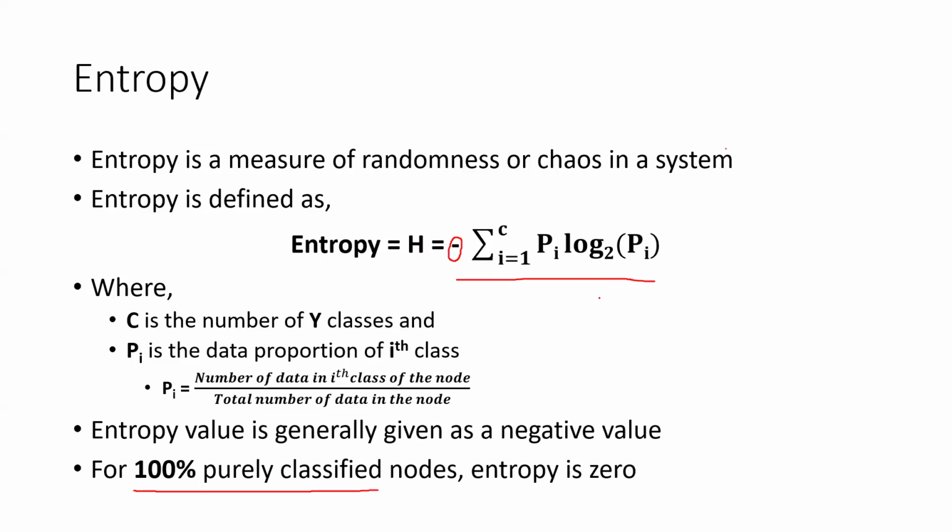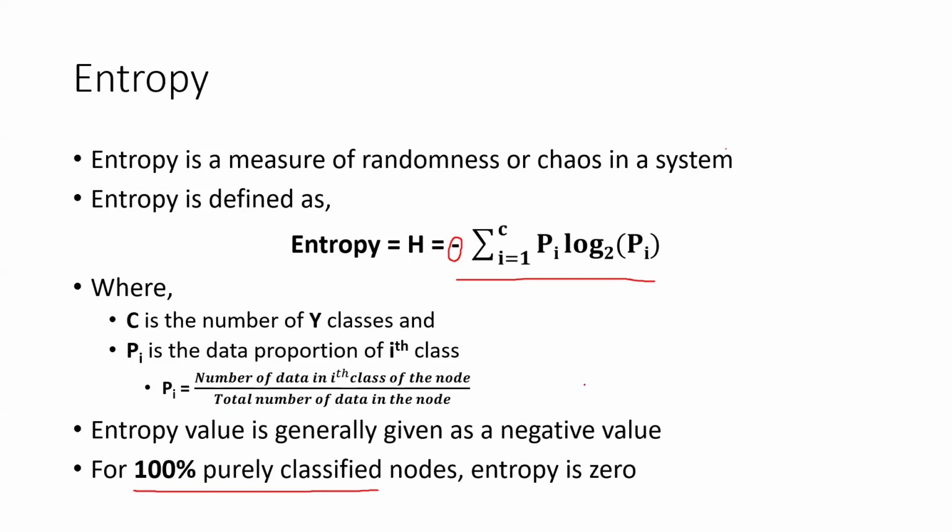It is calculated in the same way, where C is the number of Y classes from 1 to C, and the value is p_i times log base 2 of p_i. p_i is the proportion of the ith class divided by the total number of data in the particular node.